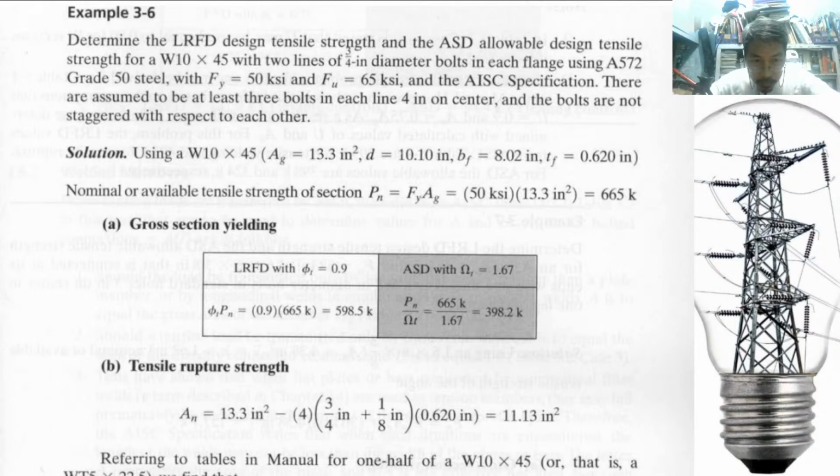Then the length of connection L is 2 times 4. Because there are 3 bolts, the author is correct by having 2, because there are 2 spacings.